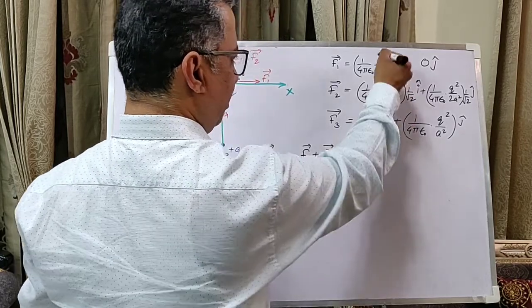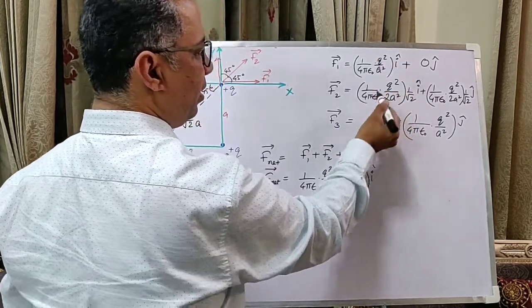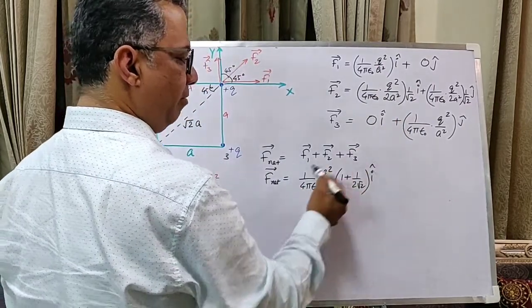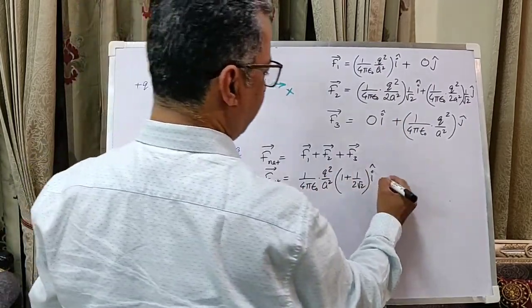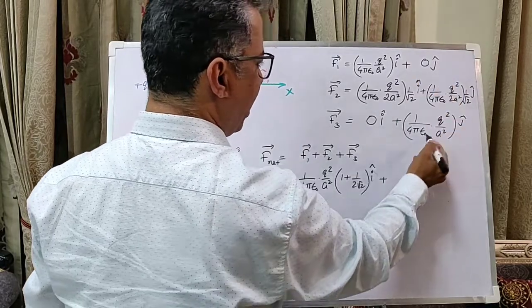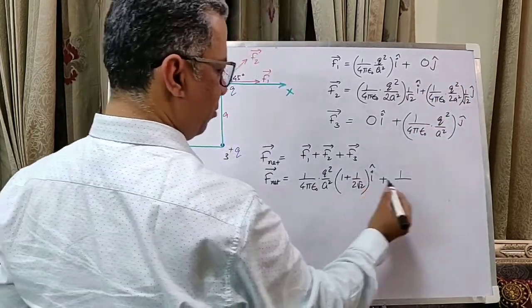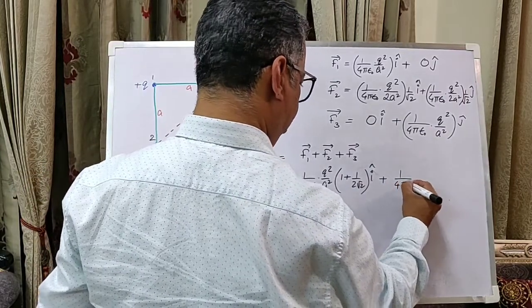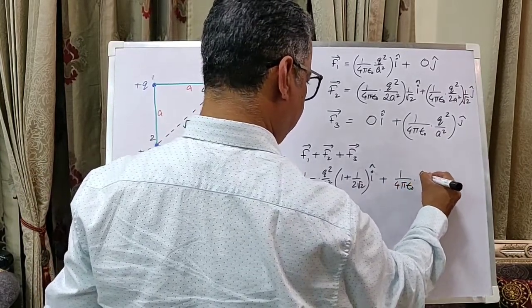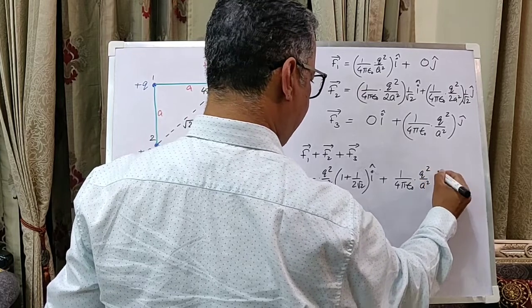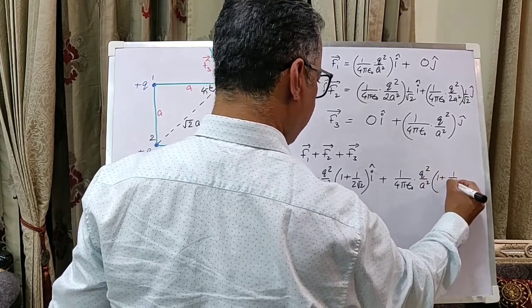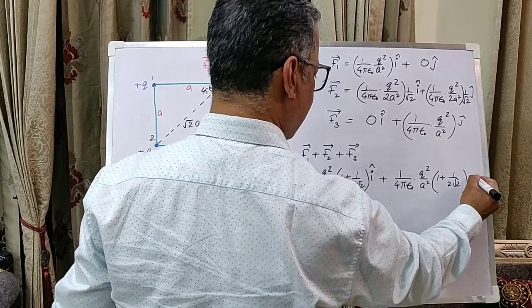Similarly, the three y components when added will give you the same quantity: 1 by 4 pi epsilon naught q square by a square times 1 plus 1 by 2 root 2, j cap.